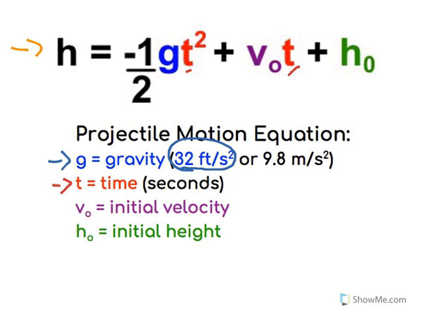V sub-zero, which you read with a little zero at the bottom, stands for initial velocity or initial speed, when something's taking off or coming out of your hand when you're throwing it. And then H sub-zero is the initial height.